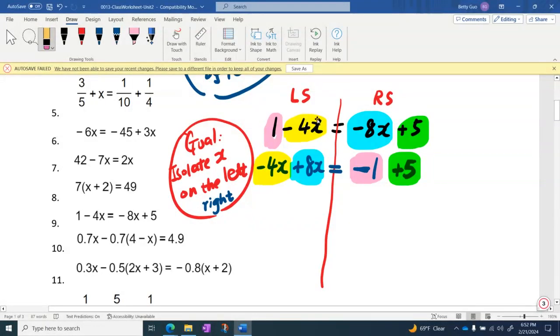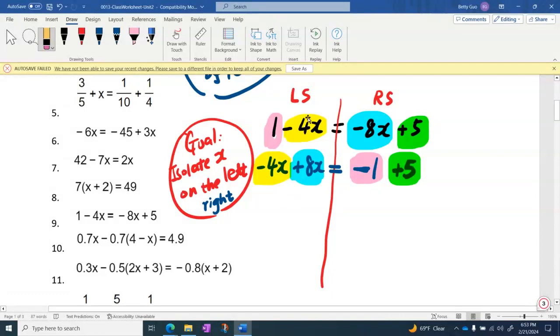So the yellow is already on the left, so we keep the yellow on the left. And we move the blue over, and we change the sign from negative to positive. And then we keep the green term, and we want to move the pink to the right, and we move the pink over, positive becomes negative, right?